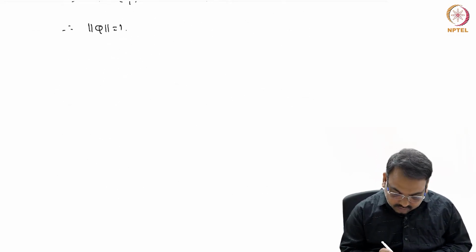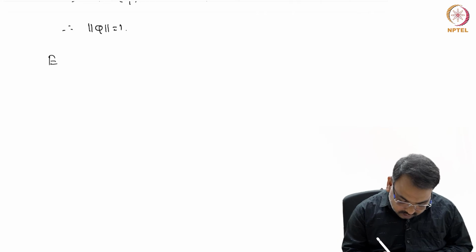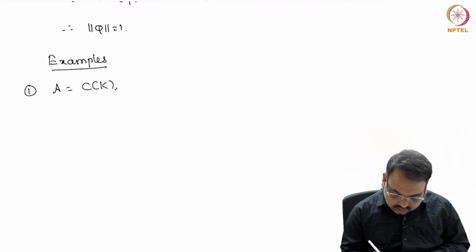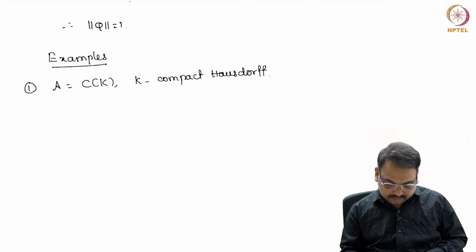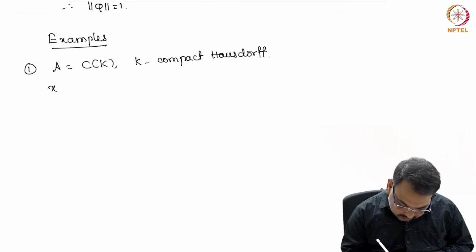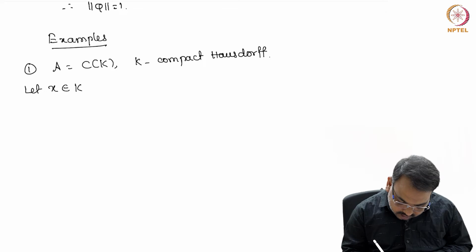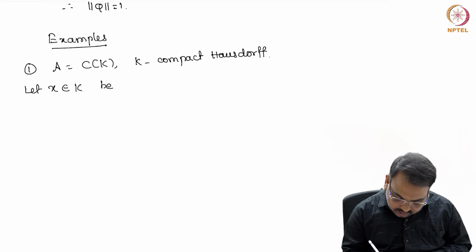So let us see a few examples of multiplicative linear functionals. Let us take A to be C(K), where K is compact and Hausdorff. Let us take x in K, so let us fix this element.